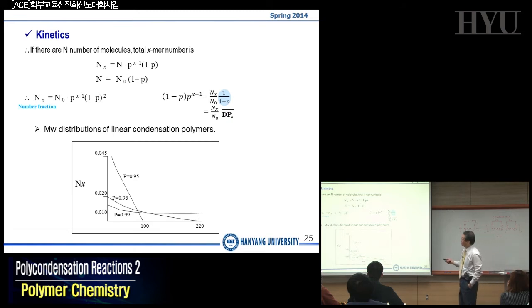So we have N0, which is constant. We know that P is the extent of reaction, which could be variable. X could be, of course, a variable. And of course, Nx would be a variable as well. So if we plot Nx on the y-axis, and the x-axis is the degree of polymerization, or X. X is how many units you have. Okay, X could be the number of structural units, or could be repeating units.